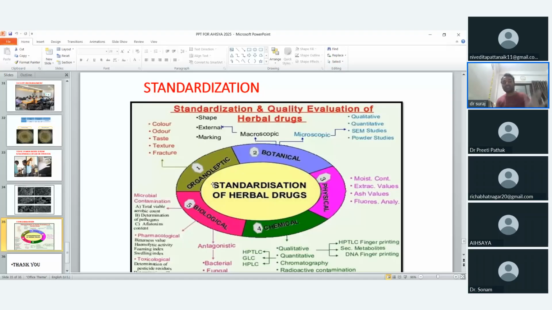So these are the major aspects for the standardization of such micro and minute structures which are said to be nanoparticles. So this is all about today's presentation.